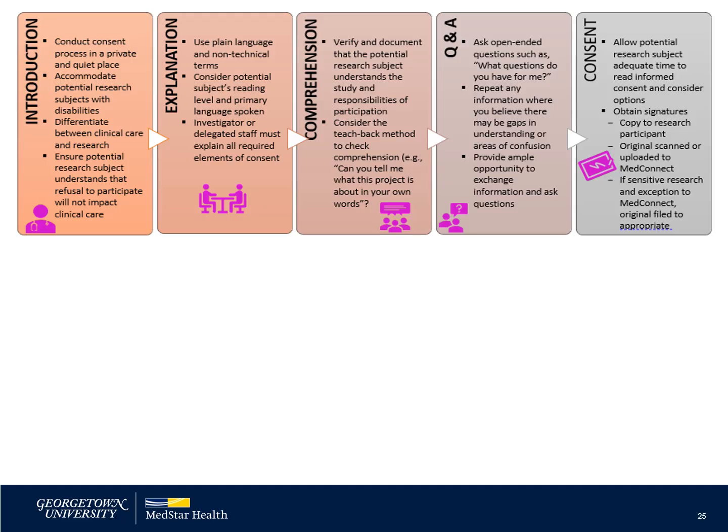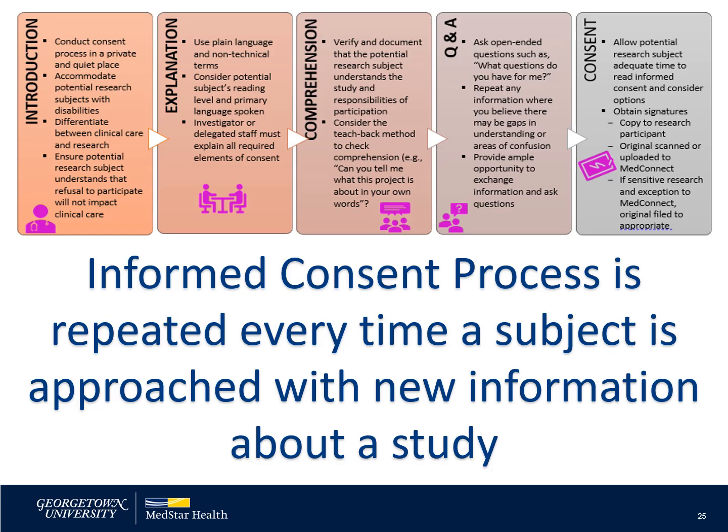In summary, the informed consent process has 5 key steps: introduction, explanation, comprehension, question and answer, and obtaining consent. In order to ensure the potential subject truly understands and is voluntarily participating in a study, following these steps is crucial. Remember that this informed consent process must be performed every time a subject is approached with new information about a study.